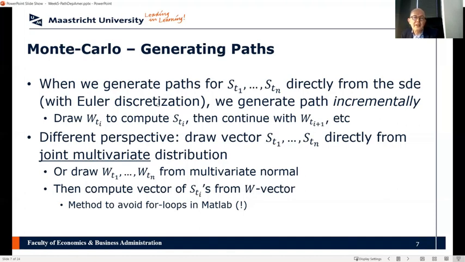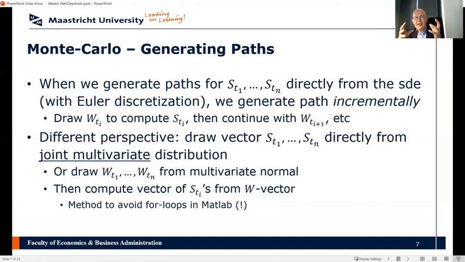And we generate paths. What we saw last week is that you can use the stochastic differential equation and Euler discretization, but then you are generating a path incrementally. You draw realizations of the Brownian motion, the delta W's, and with each delta W, you push your stock price one time step forward at a time. We can offer a slightly different perspective by asking, what is a path?